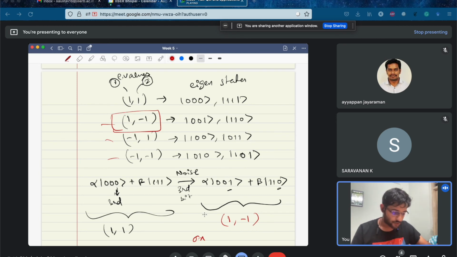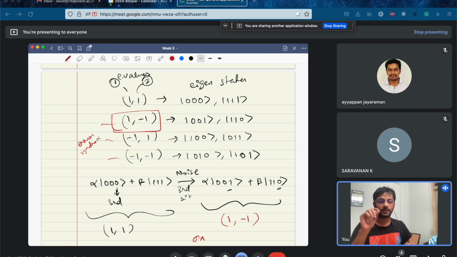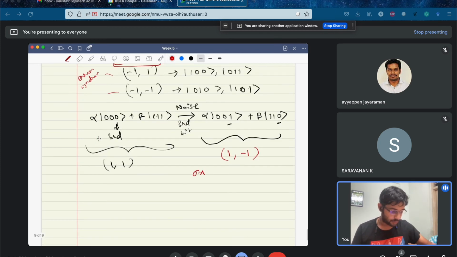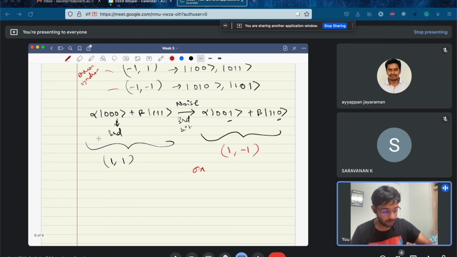So these are similar. These are the error syndromes that we call. Once you have a different set of eigenvalues, you can find that this is impacting this particular part of the qubit, like this disease is impacting this particular part of the body. So this is what we most famously use as quantum error corrections.